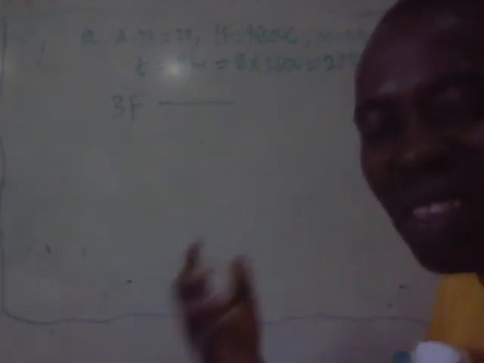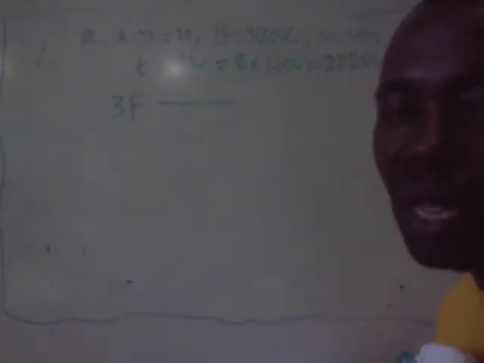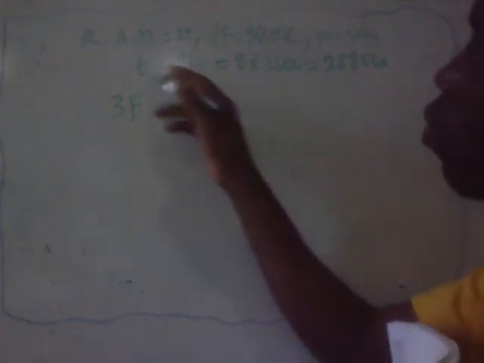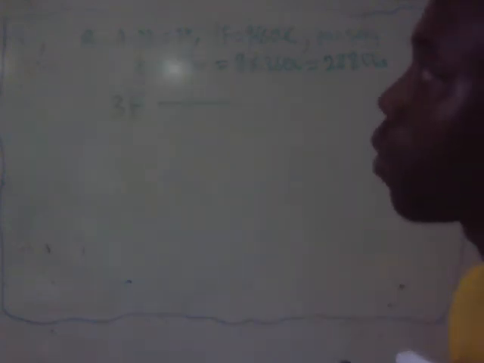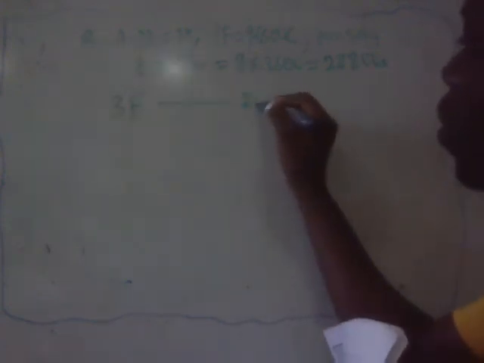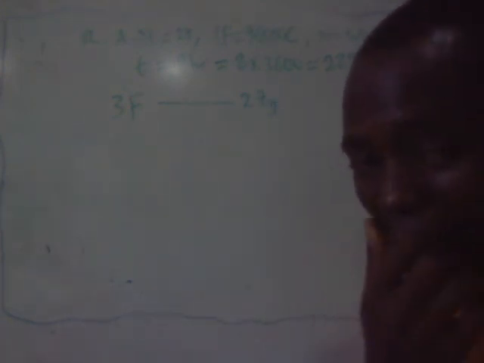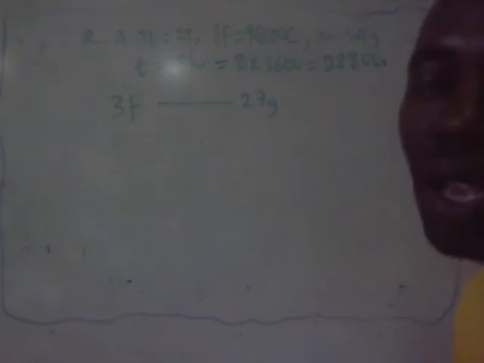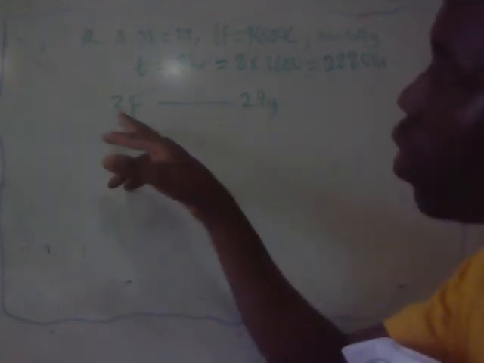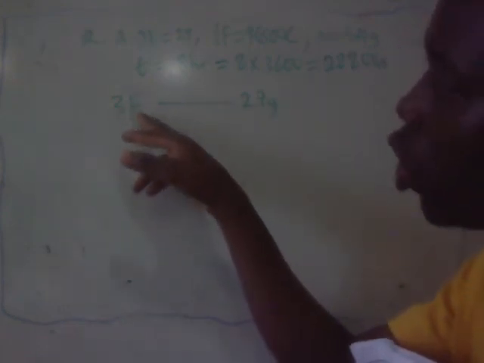We are given the relative atomic mass as 27. Let's put 27. Put grams there, because now we are working in mass. So 27 grams.